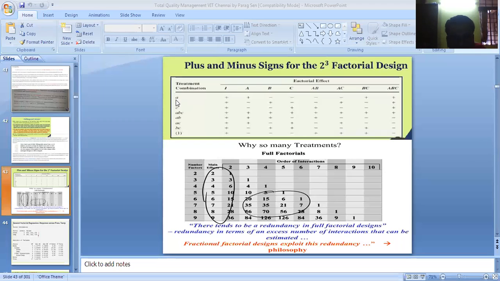Suppose, for example, in case of A, you can notice plus, minus, minus, then minus, plus, plus.